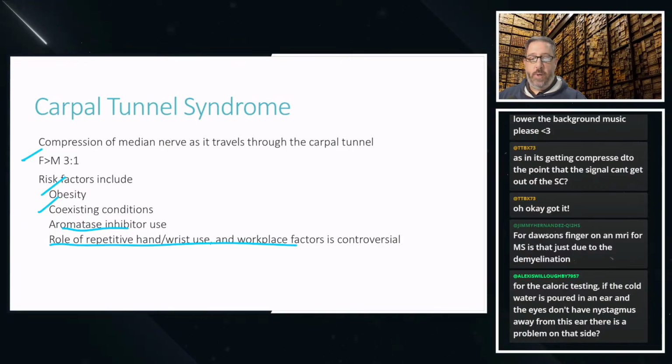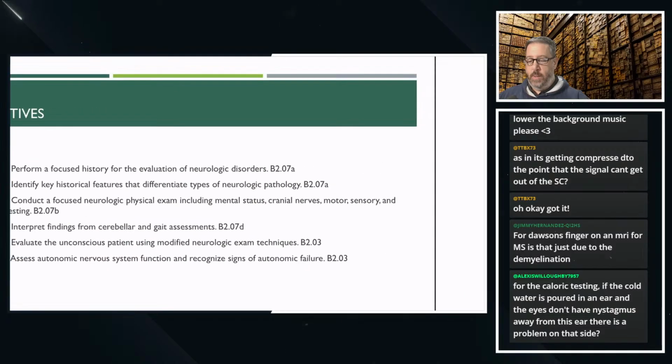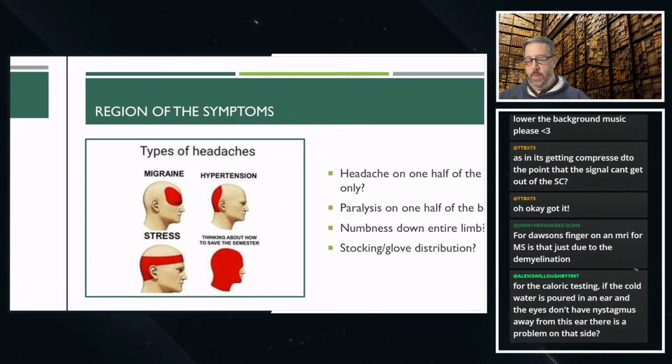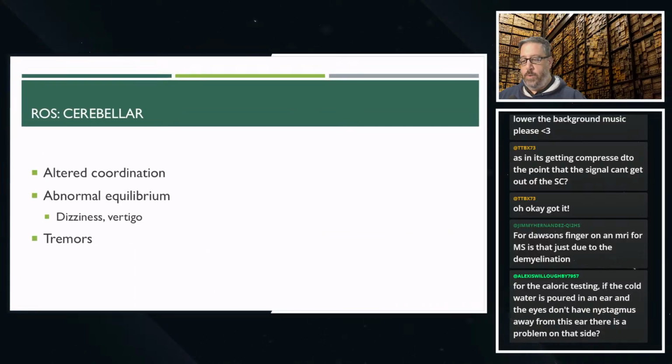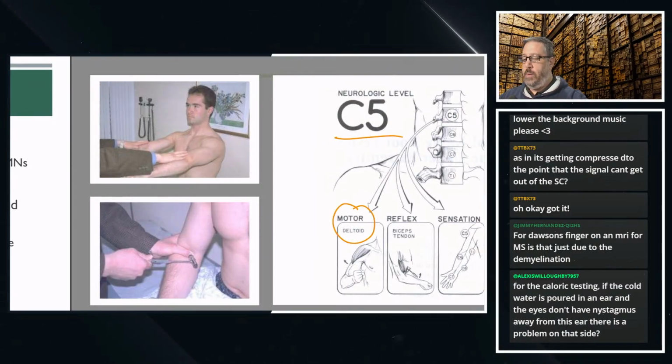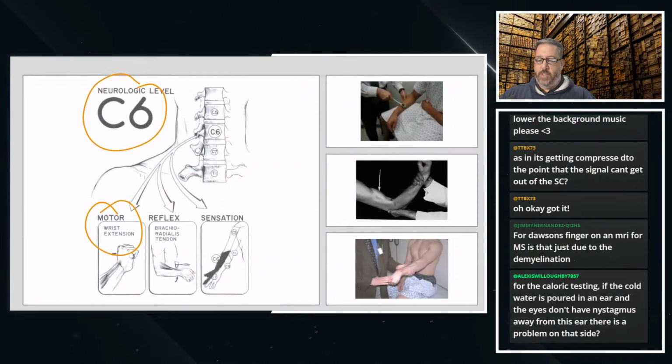Make sure you also know the major nerve roots we talked about. So like the biceps tendon one, the major one, C5. If I said in class, if they can't do certain things, what nerve root could it be, and so forth.